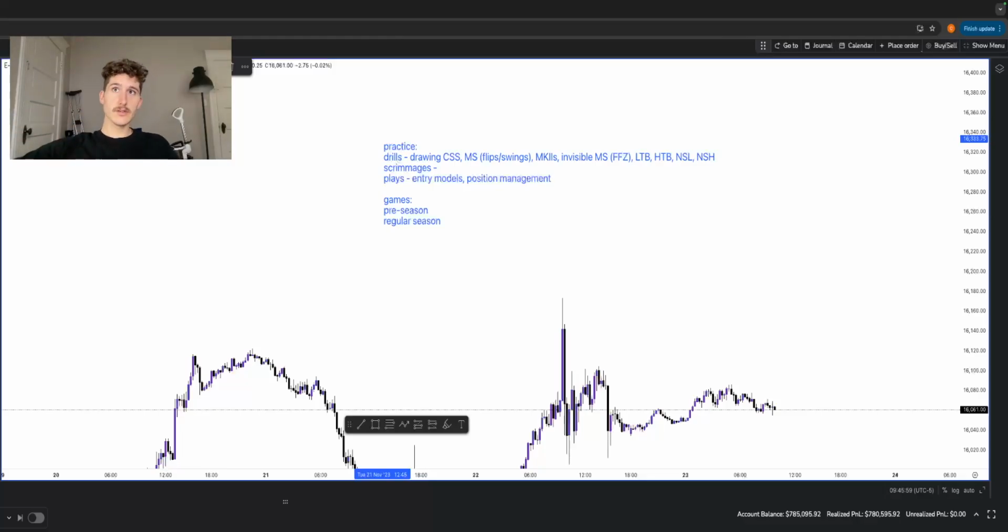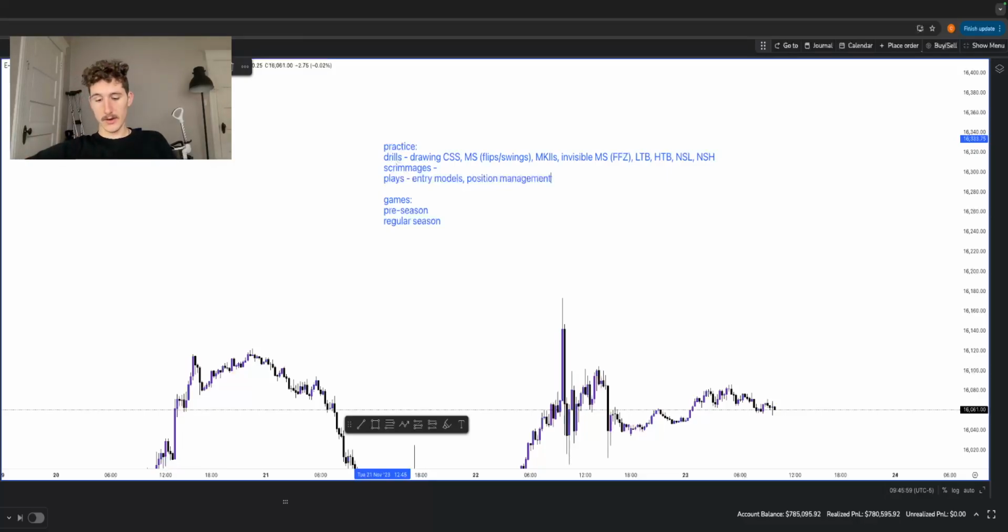So in entry models, right, there is an order of operations. Just in case you didn't understand that, there is an order of operations. I need to make sure I'm speaking clearly. So if there's an order of operations in your plays, then you need to make sure that you have them in the correct order and that you know where everything is supposed to be.